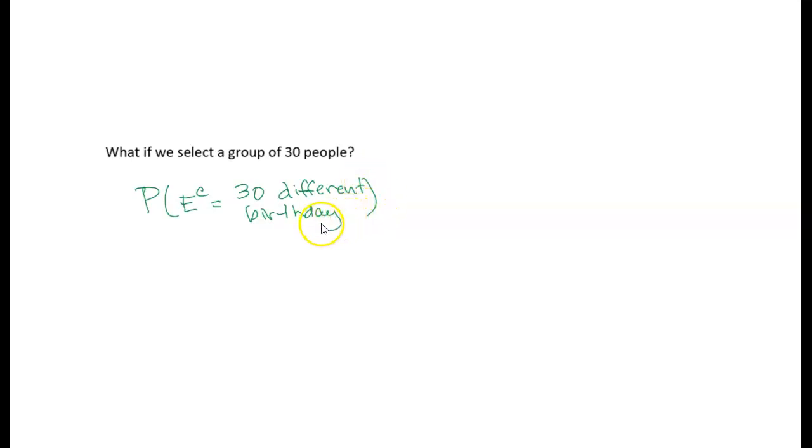This is the case where nobody shares a birthday. So essentially I get the permutation of 365 things taken 30 at a time. The first person has 365 possible birthdays, and then the next person has 364, 363, 362.